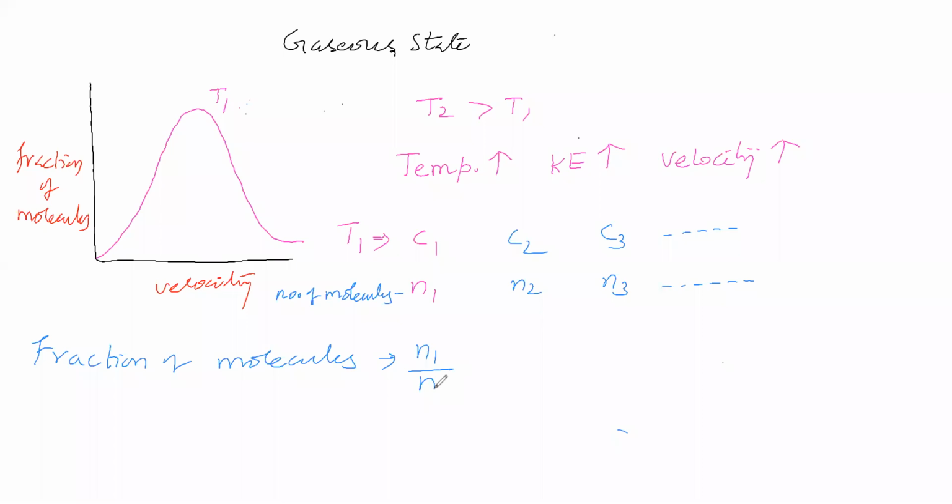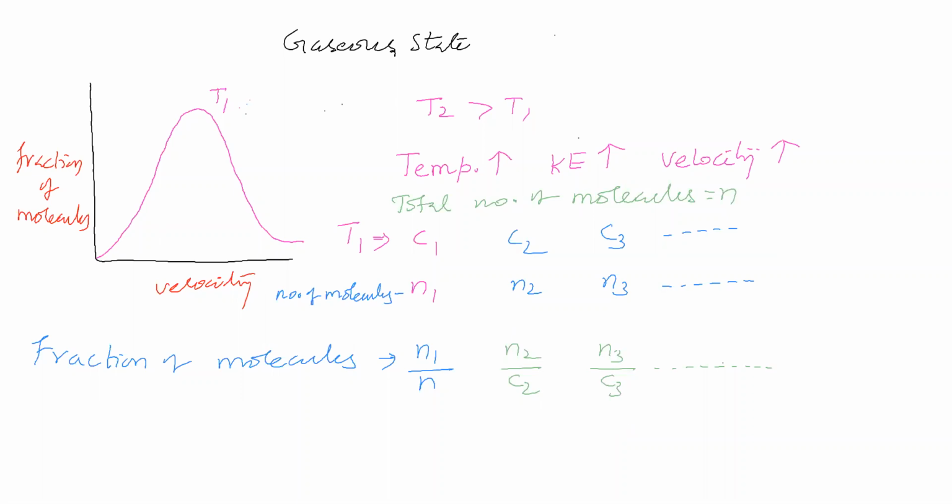We will take the total number of gaseous molecules as N. So the fraction of molecules having velocity C1 is N1 by N. Next, the fraction of molecules having velocity C2 is N2 by N, and like this N3 by N and so on.